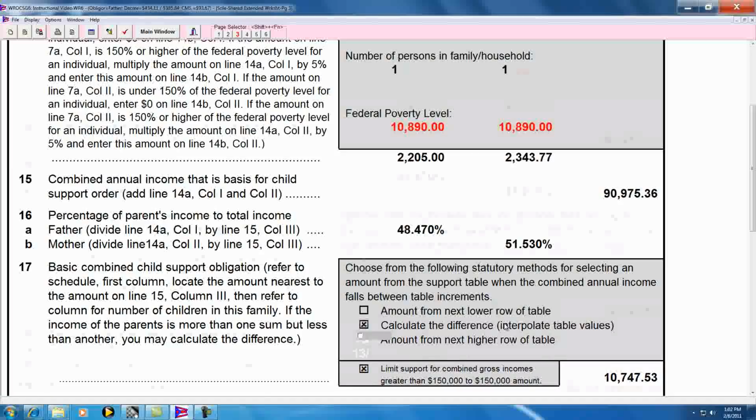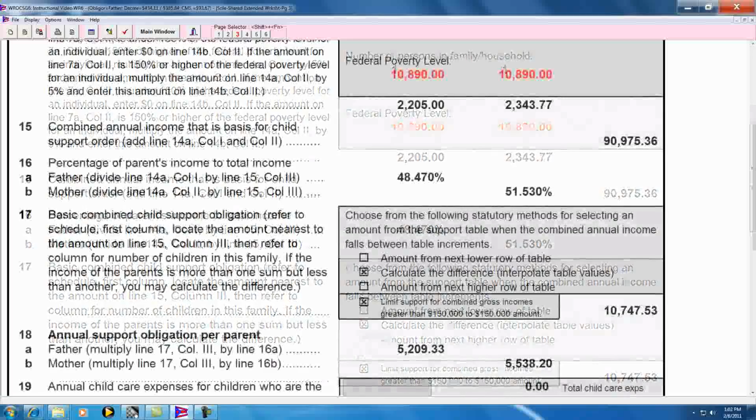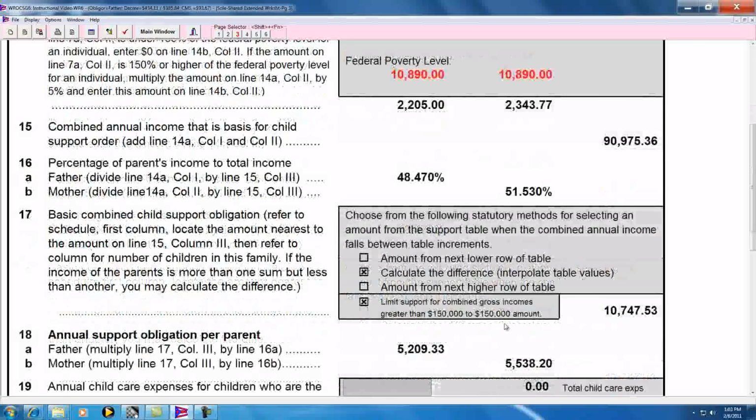I may have restored the lookup method checkboxes a little too quickly back to their original default states. I didn't show you the effect of the third checkbox, which yields the highest annual child support obligation.